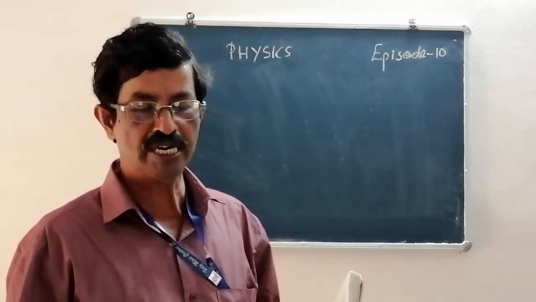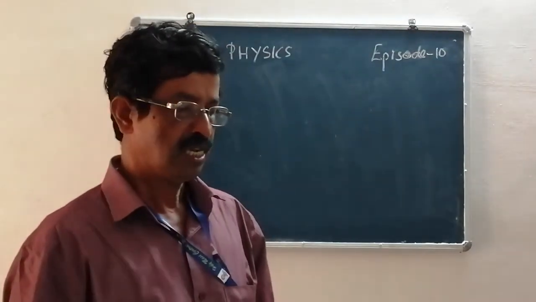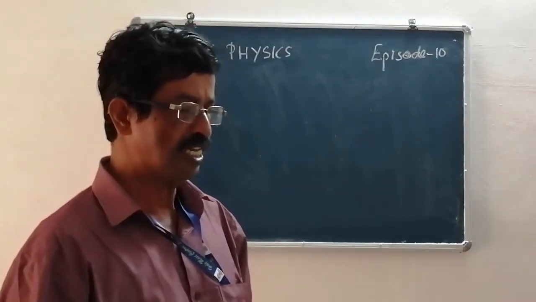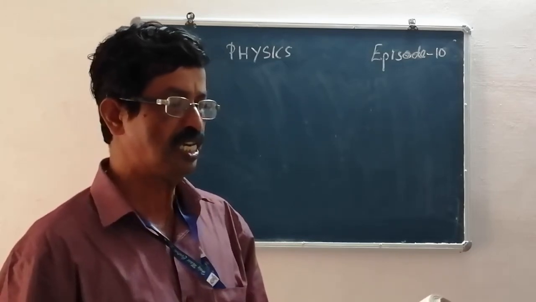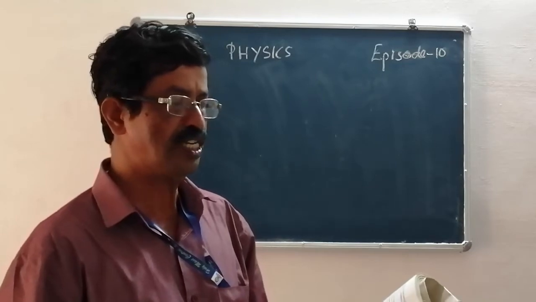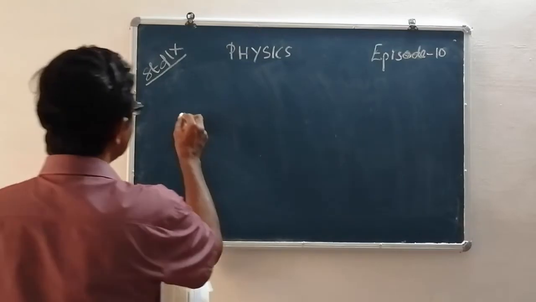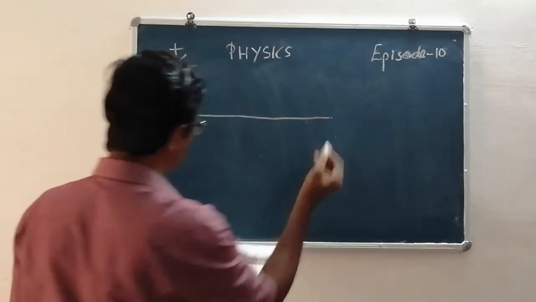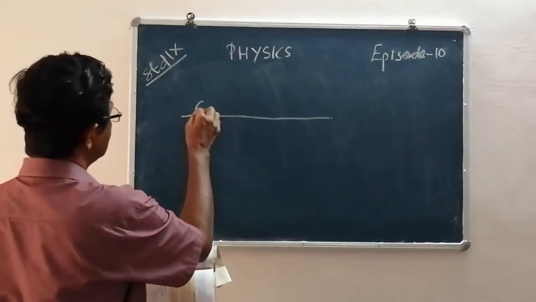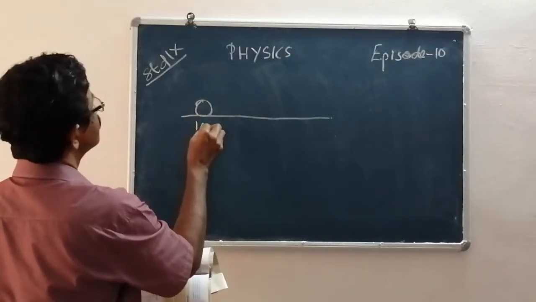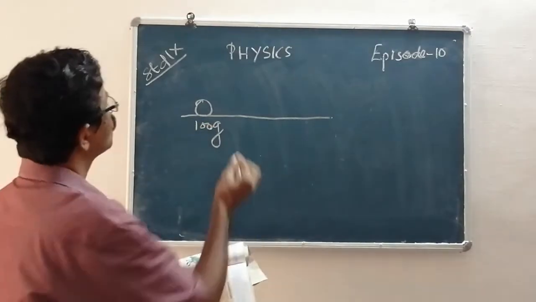See the next one. Two objects of masses 100 gram and 200 gram are moving along the same line and direction with velocities 2 meter per second and 1 meter per second. Suppose these two are moving along the same line. First one mass is 100 gram, and second one mass is 200 gram.